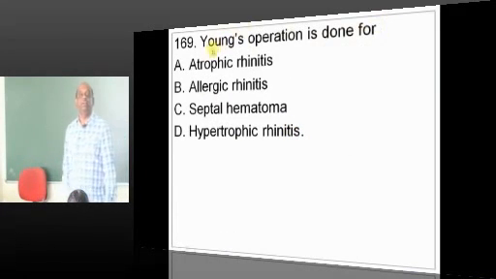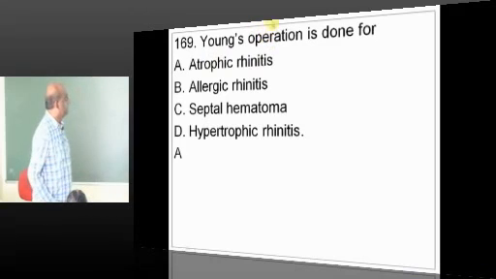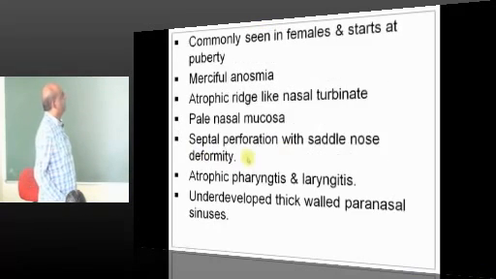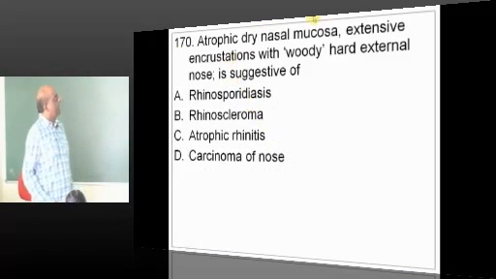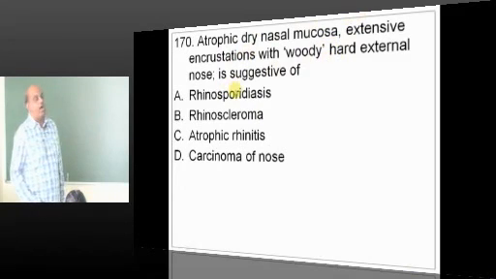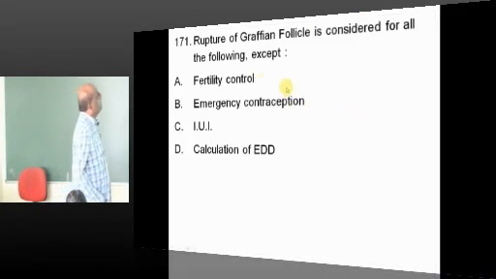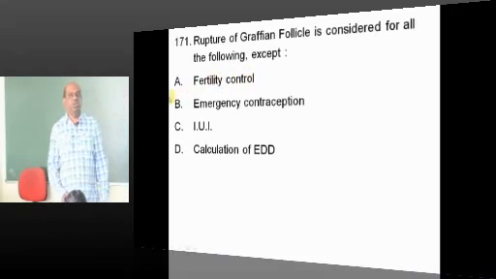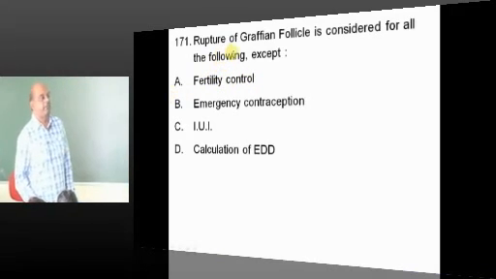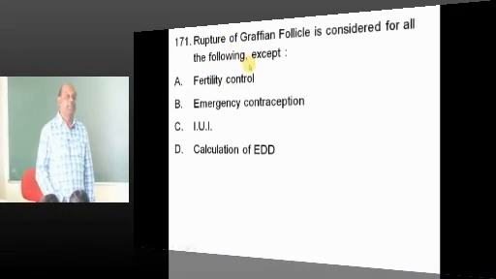Young's operation is for atrophic rhinitis. Very good. Then atrophic, dry nasal mucosa, woody hard: B, rhinoscleroma. Good, rhinoscleroma. You don't need Graafian follicle rupture history for? Hussein, what is your answer?